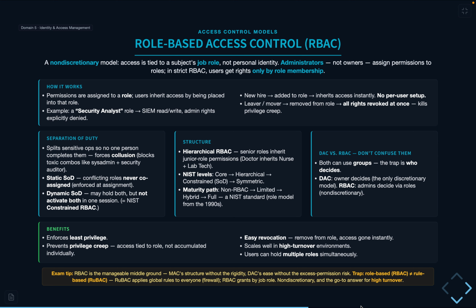And it also prevents the excessive permission risk which is there in the discretionary access control model. The role-based access control model is different from the rule-based access control model, which is related to firewall ACLs and network ACLs. Role-based access control grants permissions by job roles. It is non-discretionary and it is very good for high turnover environments. This was all. Thank you.